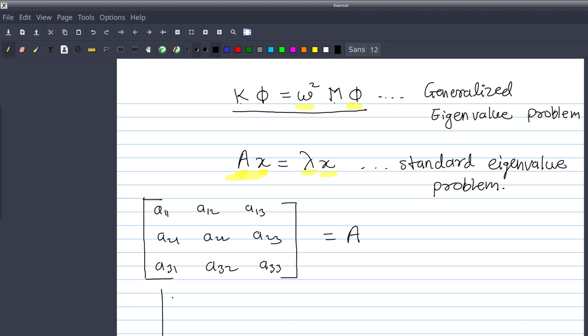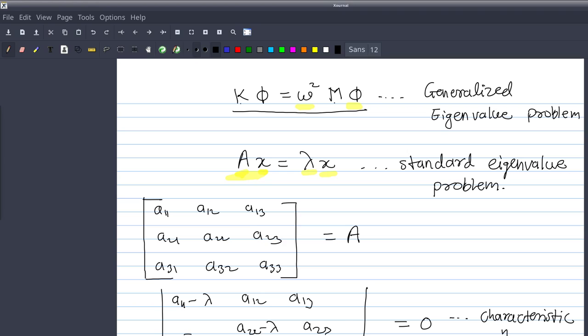We need to take the determinant with a11 minus lambda, a12, a13, a22 minus lambda, a33 minus lambda, and other terms as they are, and take its determinant and set this determinant equal to 0, and this is called the characteristic equation.